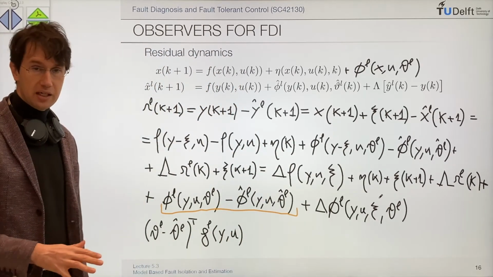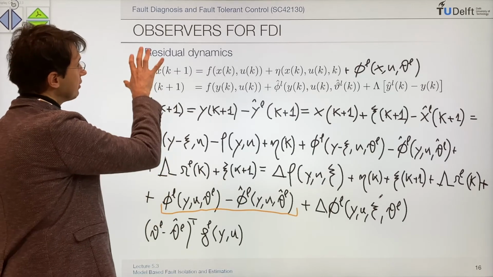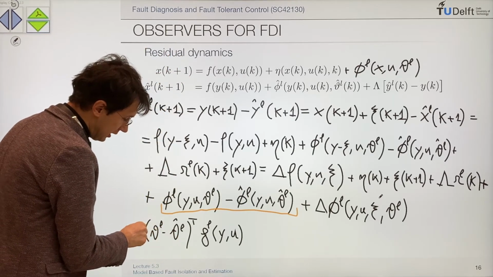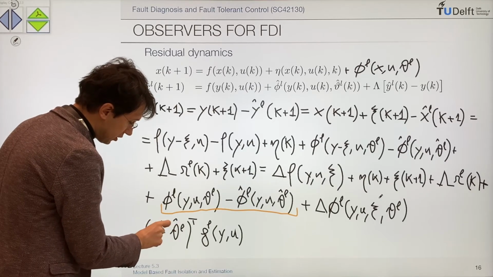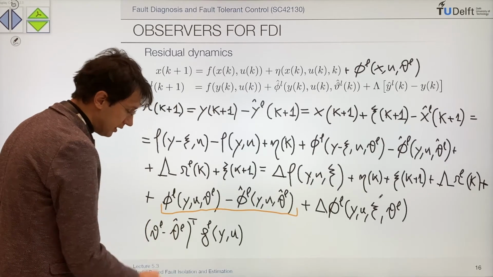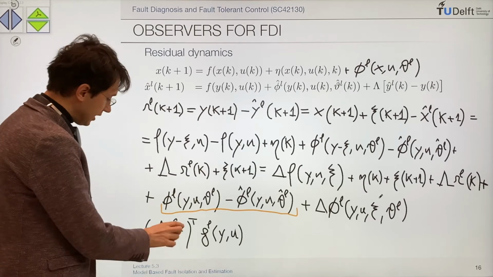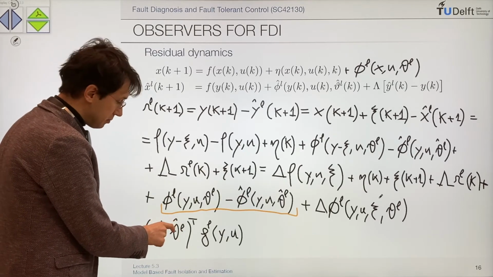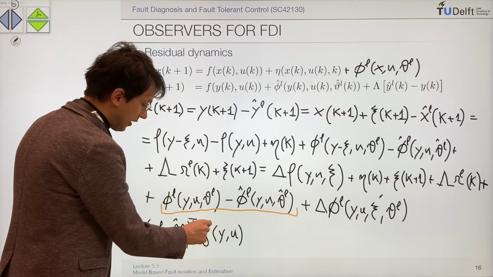So now you see that in the residual dynamics, we have one term that depends on the difference between the true parameter and the estimated one. So basically, this is the estimation error on the parameter, which is multiplying the shape function g.